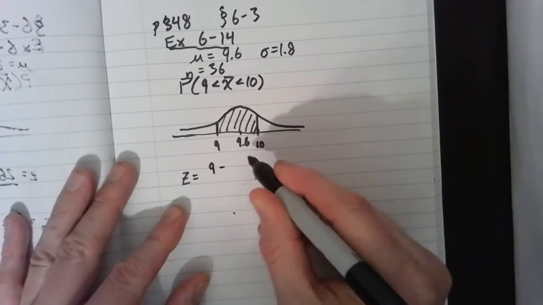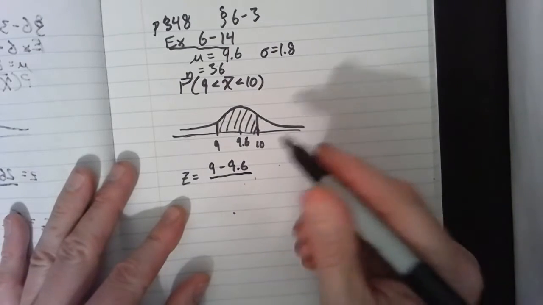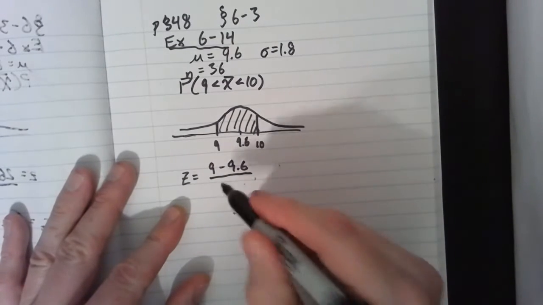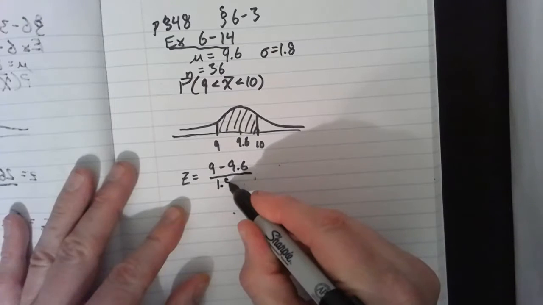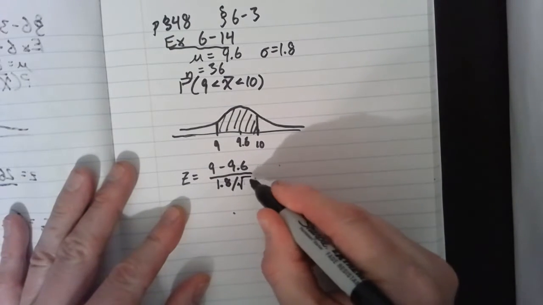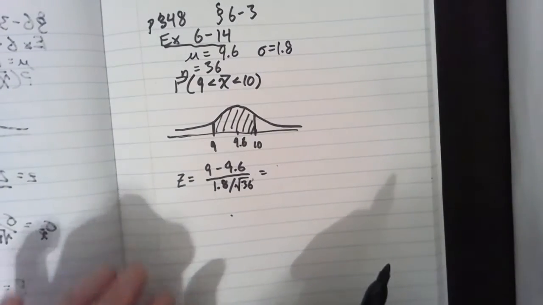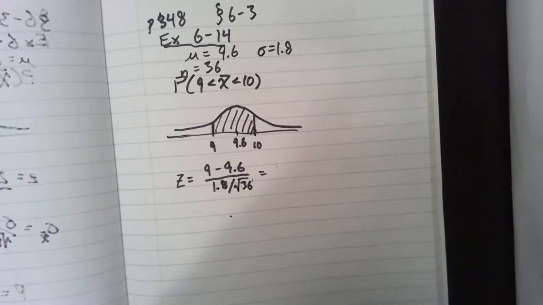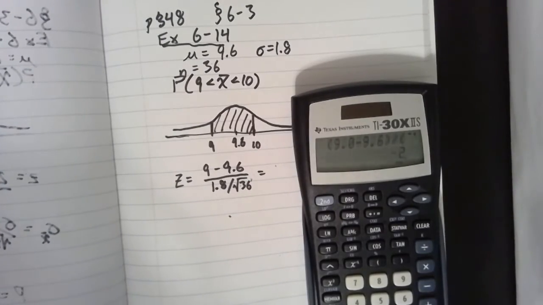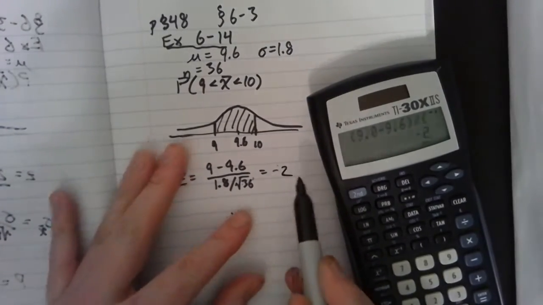We'll do 9 minus 9.6, all divided by not just 1.8, but 1.8 divided by the square root of 36. So we'll do that. Let me pause to plug that into my calculator. Okay, so my calculator told me that this is equal to -2.